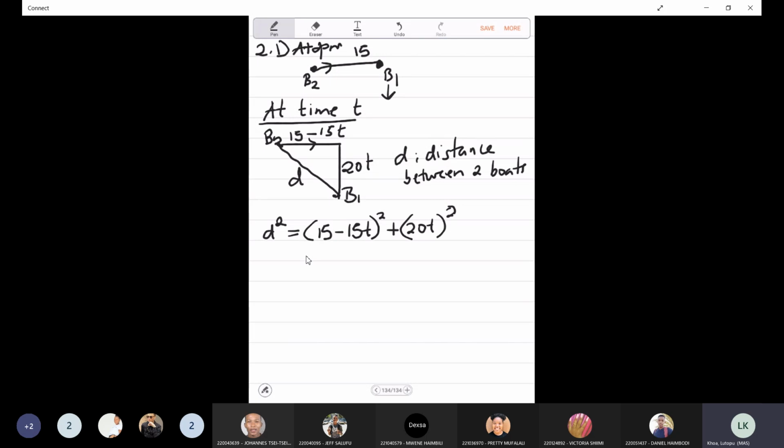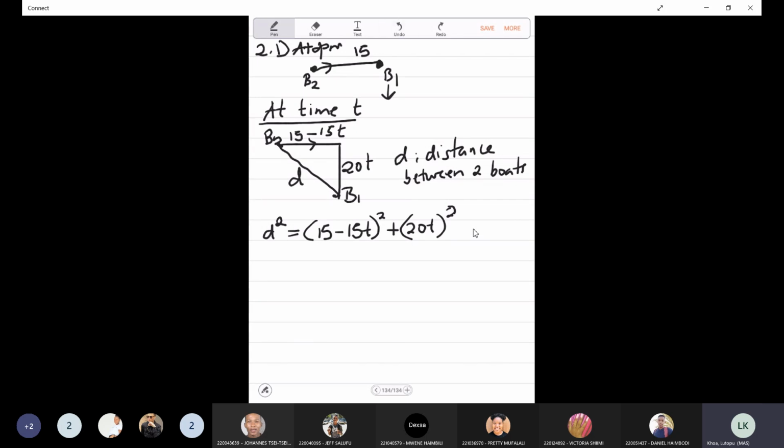Okay, and we can always make d the subject of the formula because we have to differentiate and equate to 0, but with the first derivative we can use implicit differentiation to work out the first derivative, but use whichever one is easier for you.